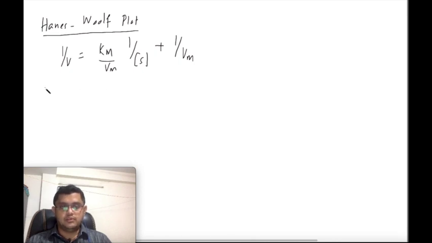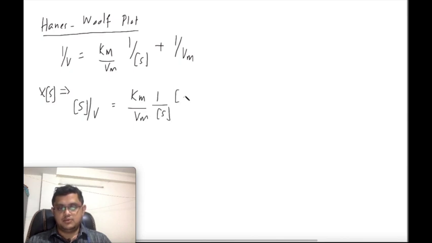So what you do is, you multiply this with S, so that gives S by V is equal to Km by Vm into 1 by S into S plus 1 by Vm into S. So this S gets cancelled.